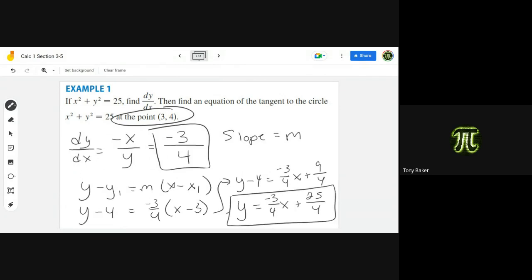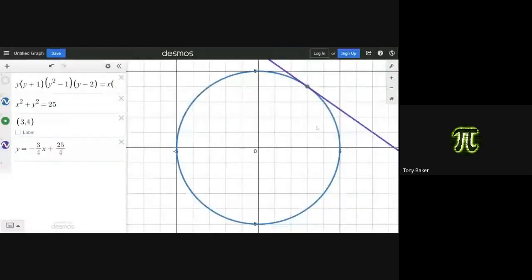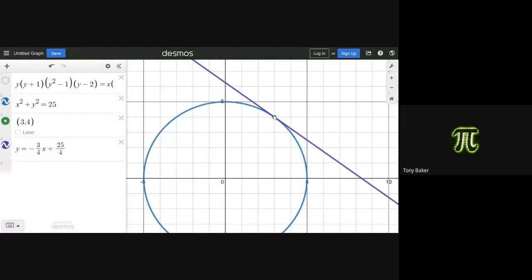Yeah, I did that part right. And if we look at the graph of that one, it is my tangent line at that point for the slope, for the circle.